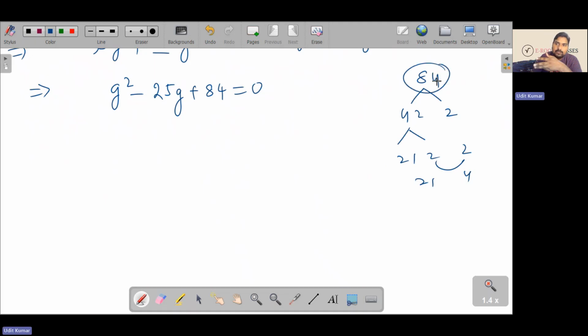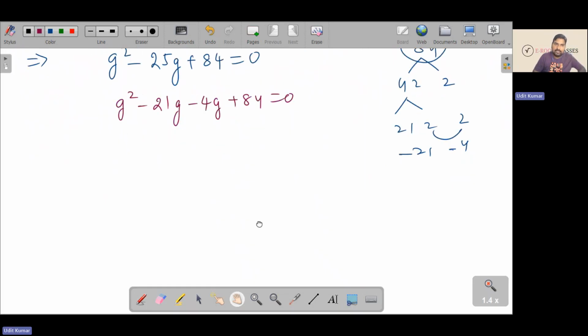But the sum needs to be, sorry, minus 25. So I will take both negative, right? So now, solving this quadratic equation, you can write it as g squared minus 21g minus 4g plus 84 equals 0, right?